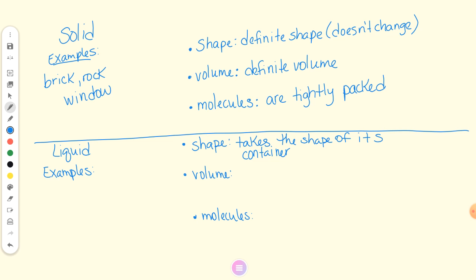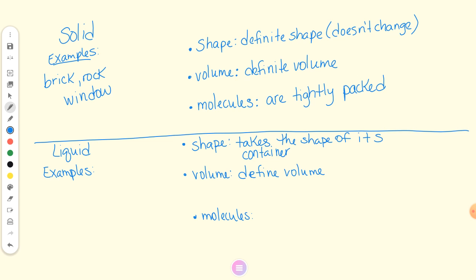What about its volume? Brant? Yeah, it has a definite volume, which means its volume does not change. It may look different. Okay, but just like me, if I'm standing up straight versus balled up on the floor, I'm still taking up the same amount of space.